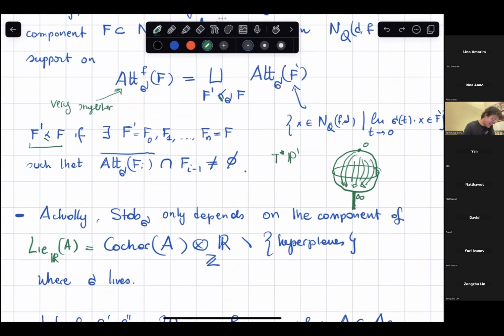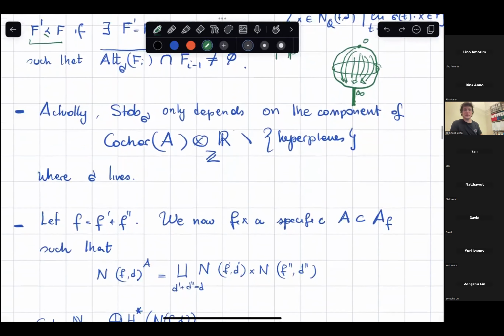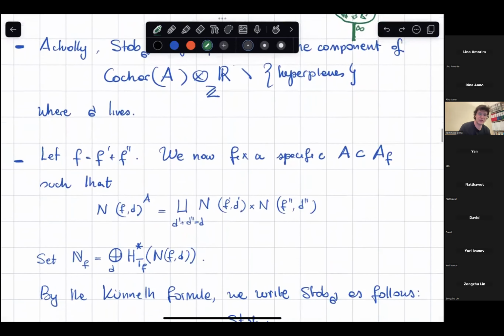The real Lie algebra of A is co-character times R. So here, essentially, I'm cutting the real Lie algebra into pieces by means of some hyperplanes that have some geometric origin. I will not explain this, but the stable envelope will only depend on the component where this co-character lives inside of this wall and chamber arrangement. And this is a very important aspect. We'll dig into it soon.